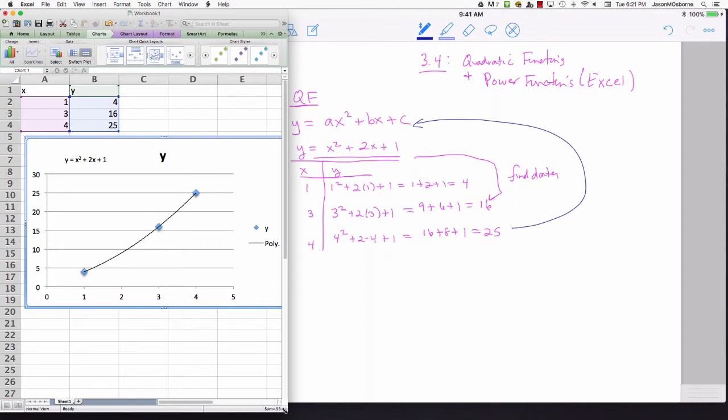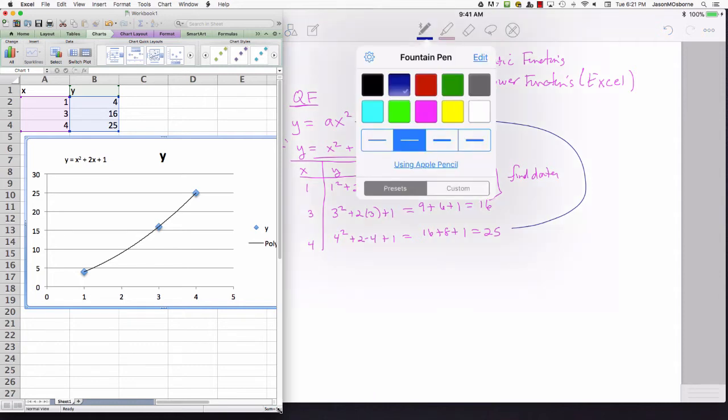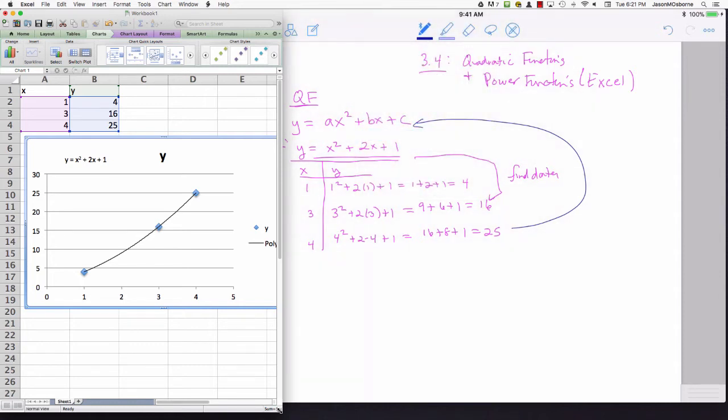Okay, let's bring in another question that you may see in section 3.4. What if you're asked to not just find a quadratic function that fits data, but what if you needed to find a power function fit to data? A power function is of the form y is equal to some number a x to the power p.